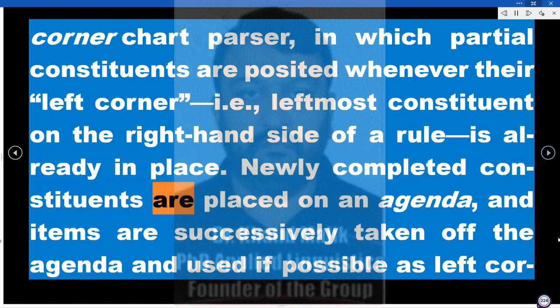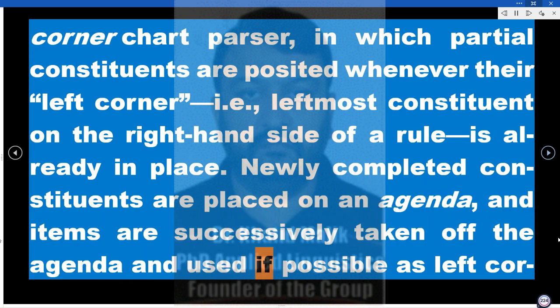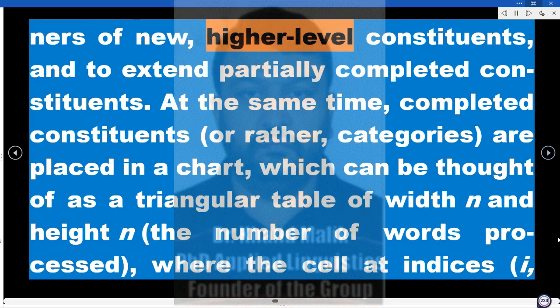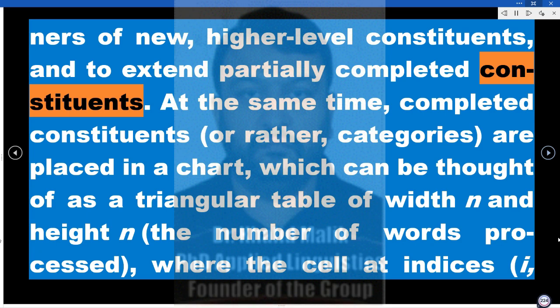Newly completed constituents are placed on an agenda, and items are successively taken off the agenda and used if possible as left corners of new, higher-level constituents, and to extend partially completed constituents.